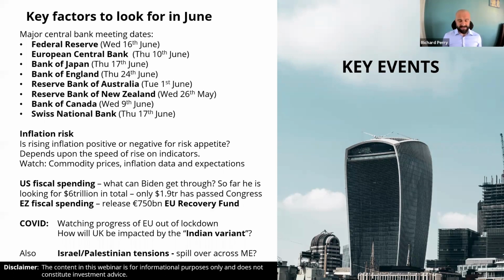The Federal Reserve is going to be front and center, because the June meeting is where we get the economic updates, the projections and forecasts, and also the dot plots, which are always really important for where the Federal Reserve Committee sees monetary policy moving.